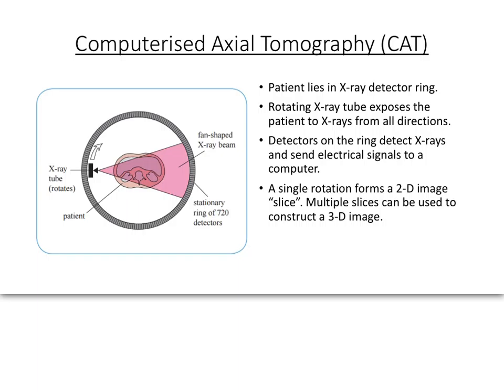Yep, the rotating X-ray tube exposes the patient to X-rays from all sorts of directions. The X-rays pass through the patient, and the detectors on the other side can detect the X-rays, send electrical signals to a computer, and allow an image to be formed. A single rotation of this X-ray tube forms a 2D slice, and multiple slices can be used to construct a single 3D image.